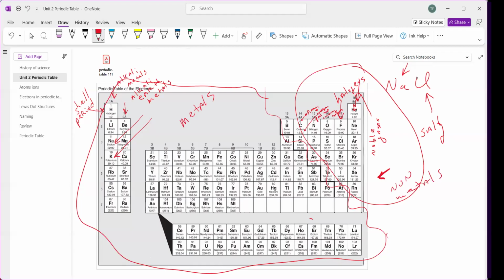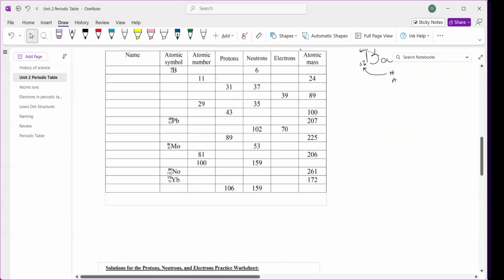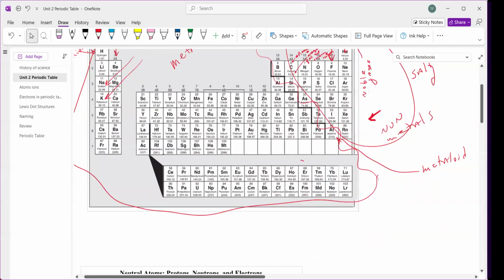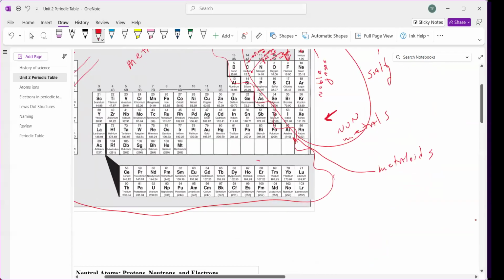Okay, and the elements along the squiggly line have characteristics of metals and non-metals, and those are called metalloids. And metalloids, again, have the characteristics of a metal and a non-metal.